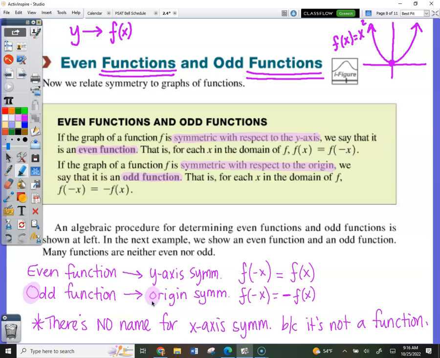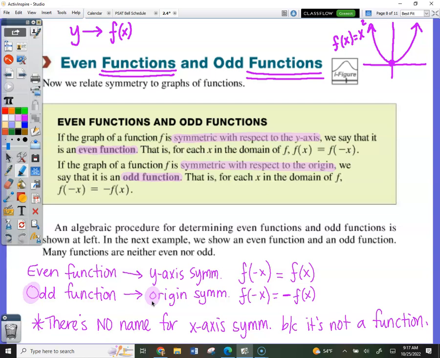Even, the way I remember even is I go back to this mother function right here. I always tell myself this is a parabola, a quadratic, which is x to the second power, and that's what type of number? Even.